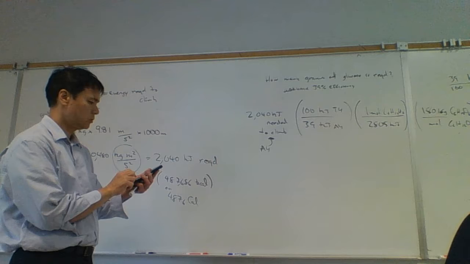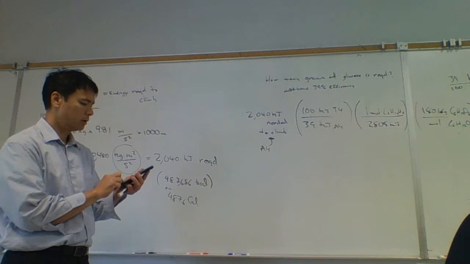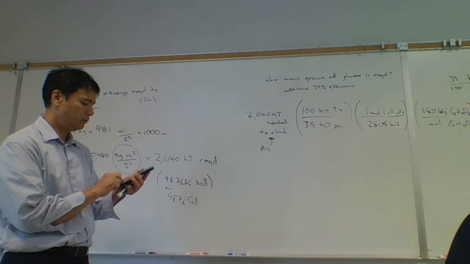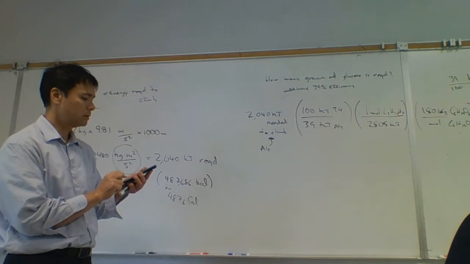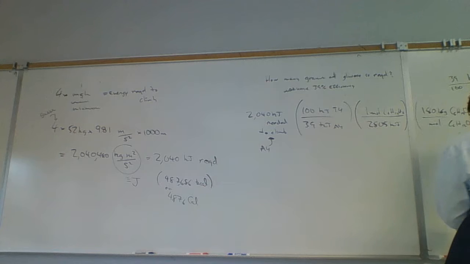So it's 2,040 times 100 divided by 39 divided by 2,805 times 180.16. That's 335.96 grams of glucose.